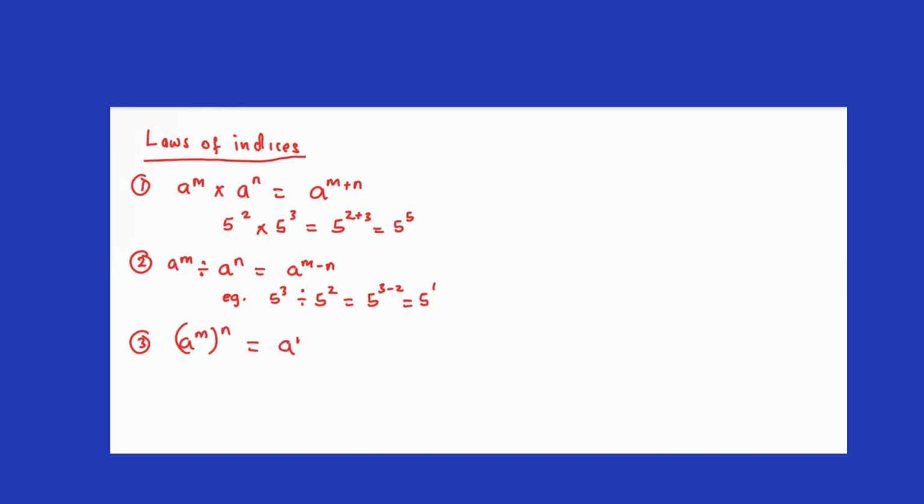So we multiply the powers: a raised power m, in brackets, power n, is equal to a raised power mn. In other words, if we have 5 raised to power 3, squared, then this will be simplified to 5 raised to power 3 times 2, which is equal to 5 raised to power 6. And therefore, you are done there.